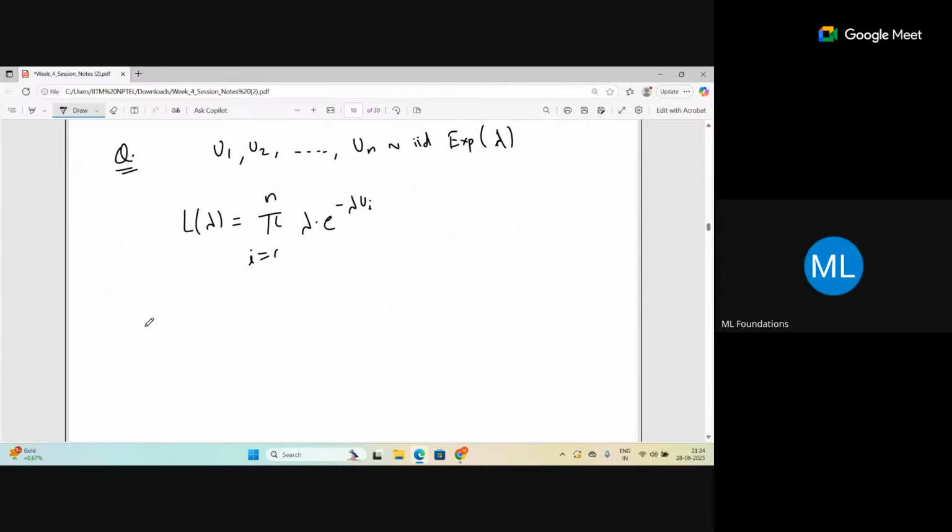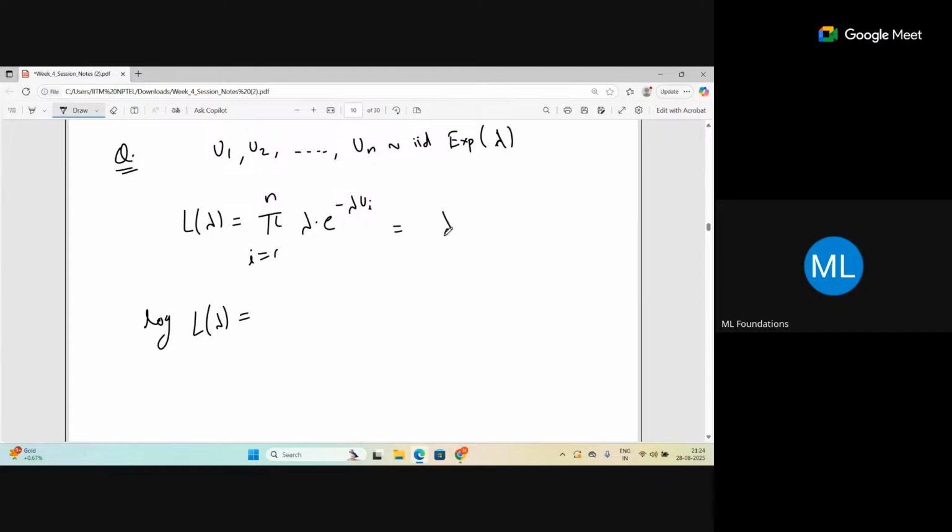Next step is to find its log likelihood. Okay, I think I made a mistake here. Let us find the product first.